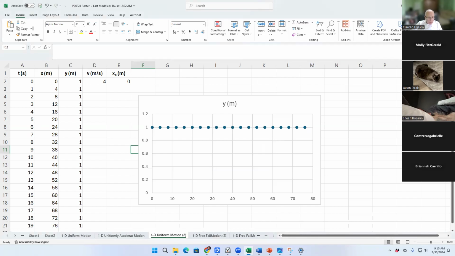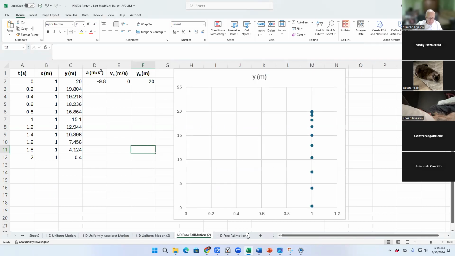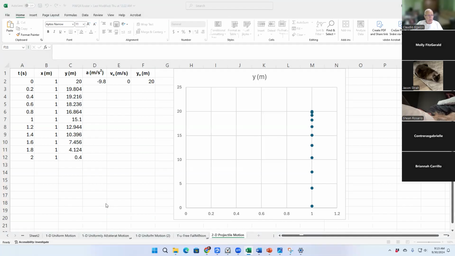What's going on here? Wait a minute, I did something wrong. Okay, and this is going to be 2D projectile motion. So now we have to be specific here.